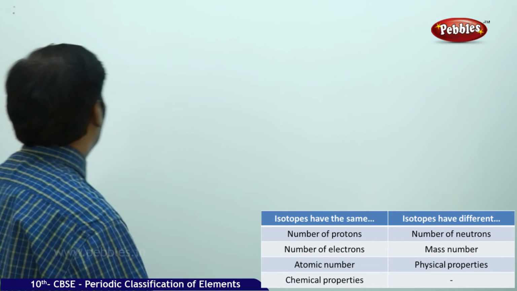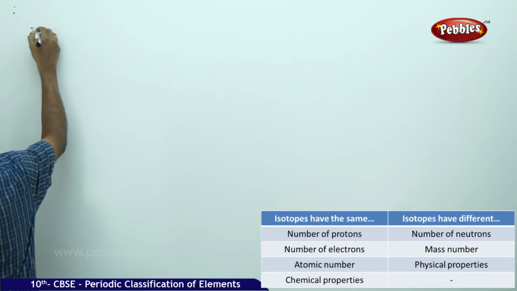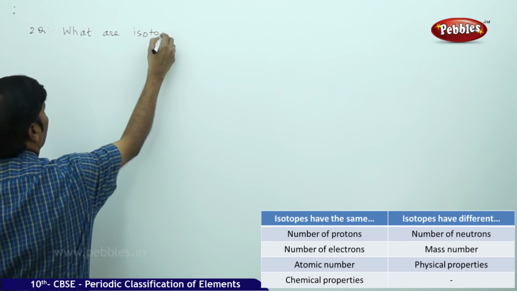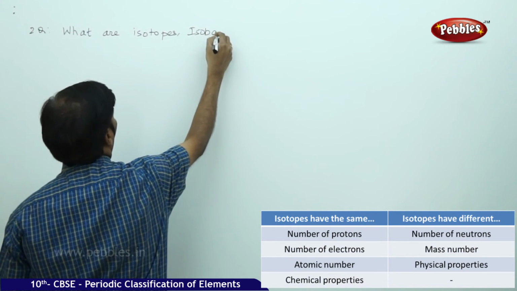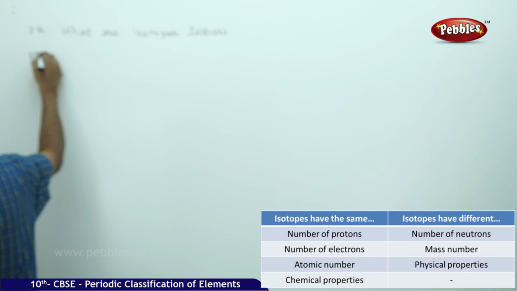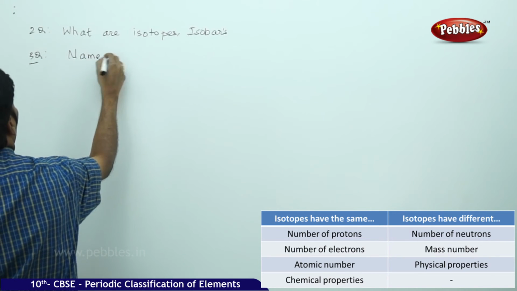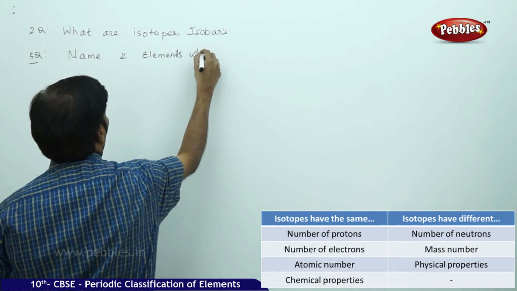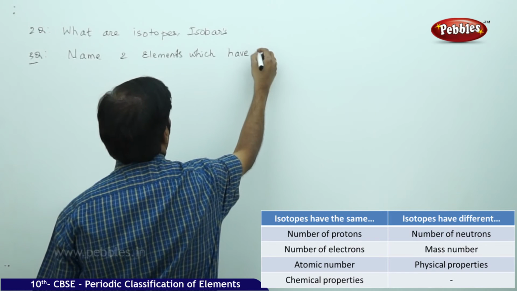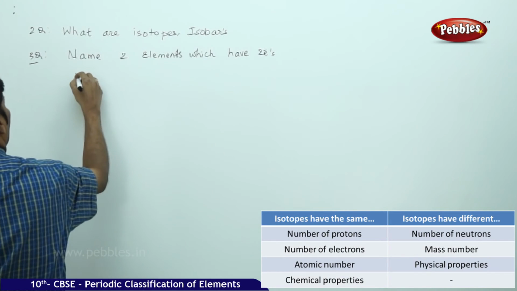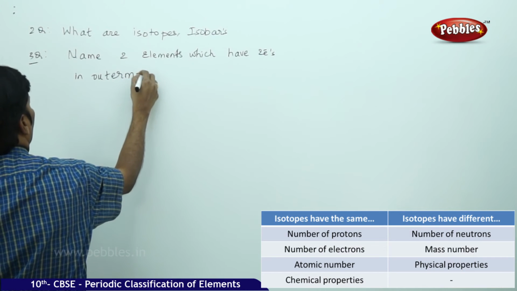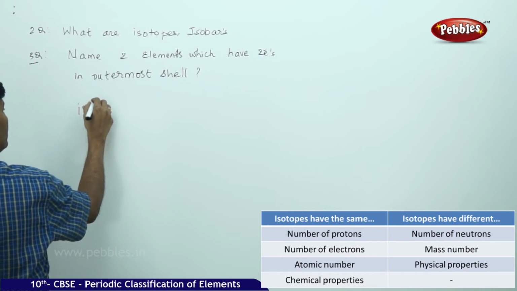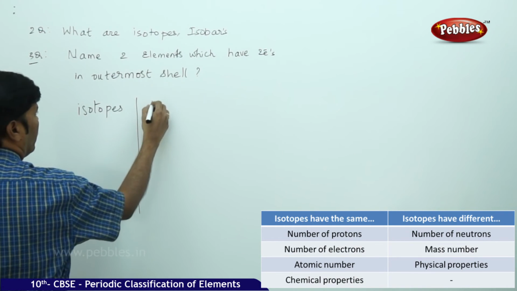The next part of the question under the exercise, the second question: what are isotopes and isobars, and name two elements which have two electrons in the outermost shell.